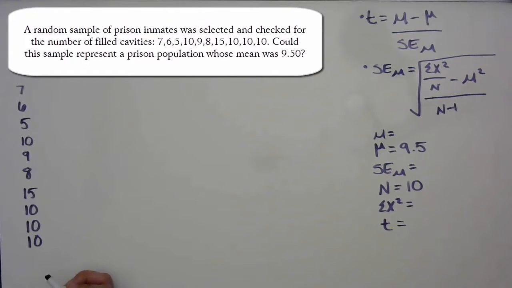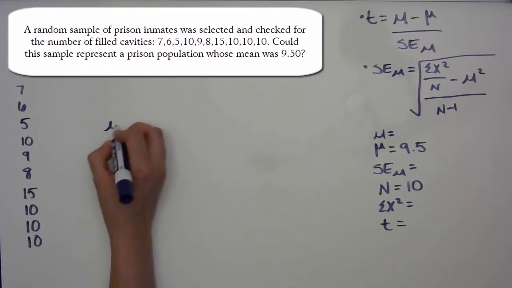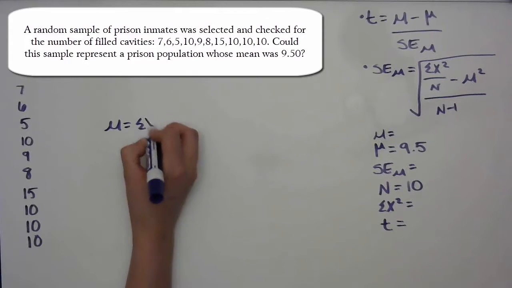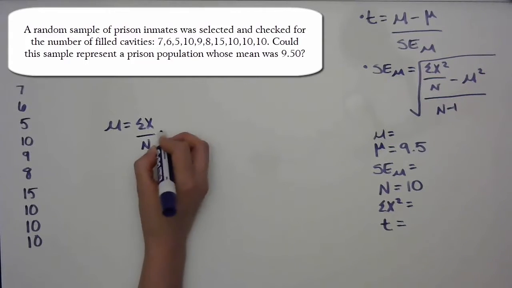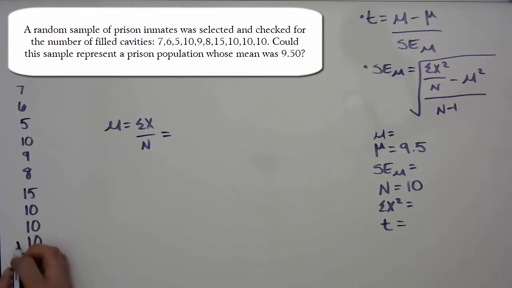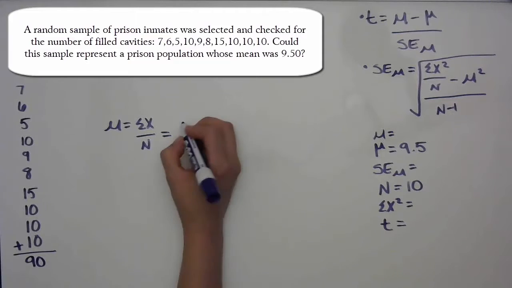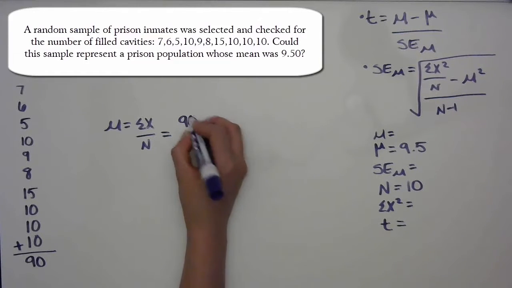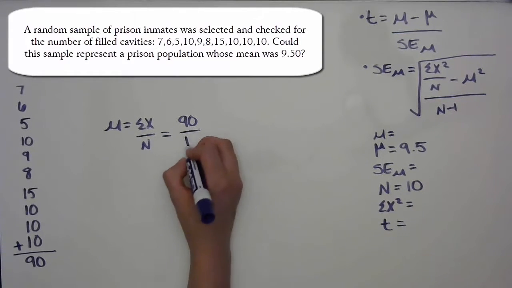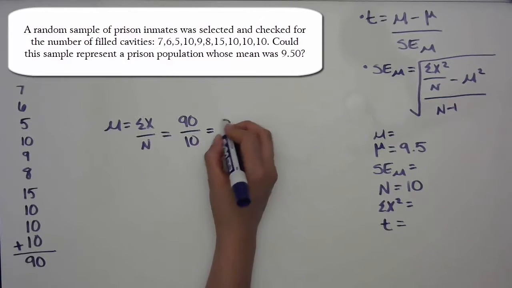In order to find our mean, we need to add all those up and divide by how many we've got. When we add all of these up, that gives us 90. So 90 divided by our n of 10 is going to give us a mean of 9.